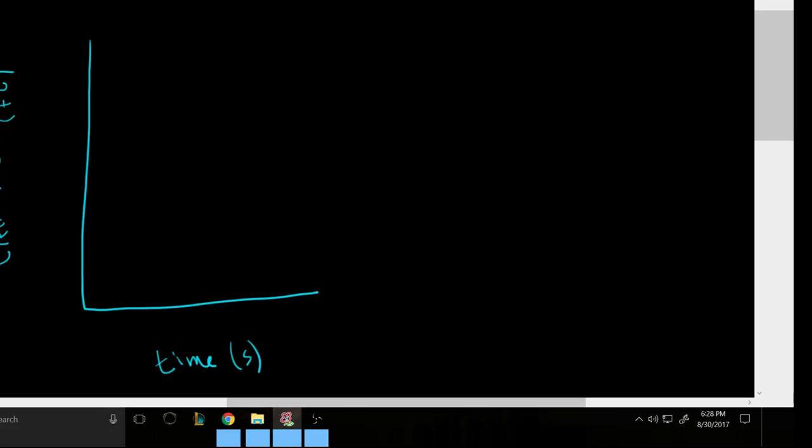So then it says Duke starts at the base of the ramp. Alright, so Duke's starting here at the bottom of the ramp. And it says he's increasing his elevation by 2 feet every second. So for each second, let me add on some tick marks here.